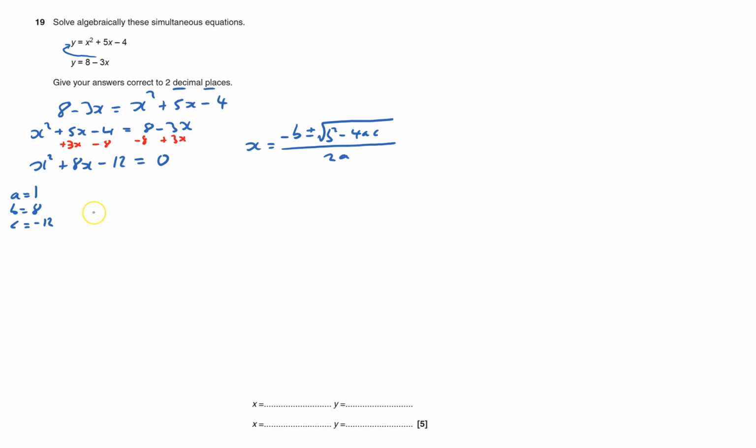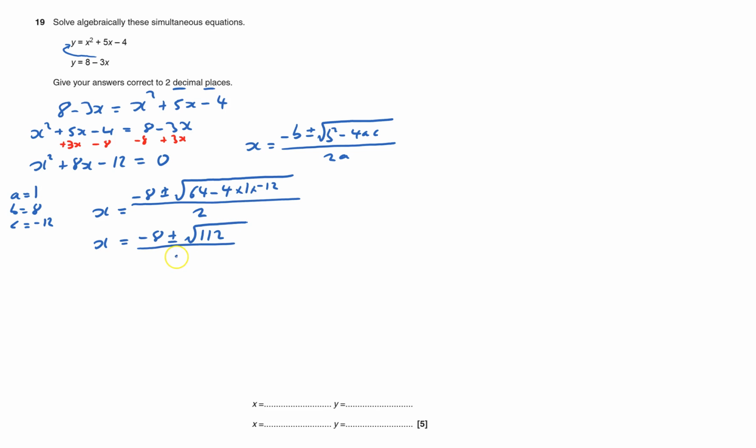And now I can do it. It starts with x equals, so x equals minus b, or negative b, is negative 8, plus or minus the square root of b squared, which is 64, minus 4 times the a, which is 1, times the c, which is negative 12, and all over 2a, which is 2. And that gives me x equals negative 8 plus or minus the square root of 112, all over 2.